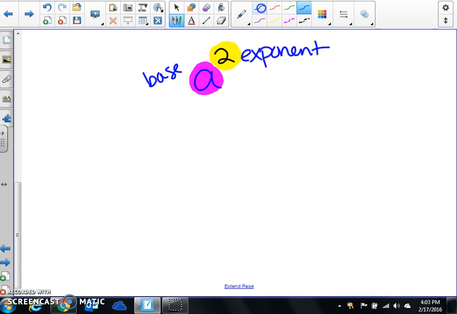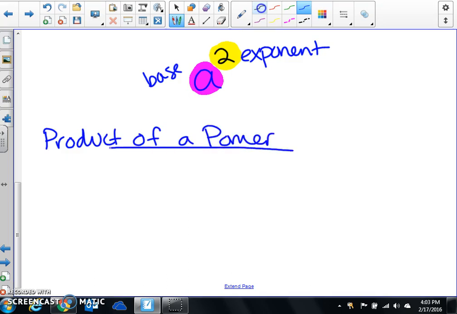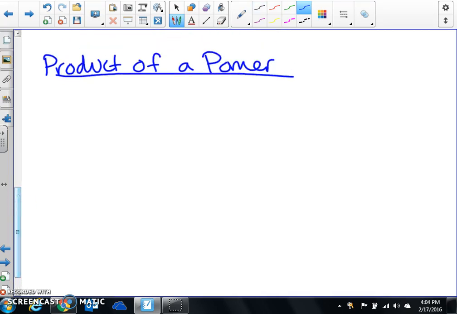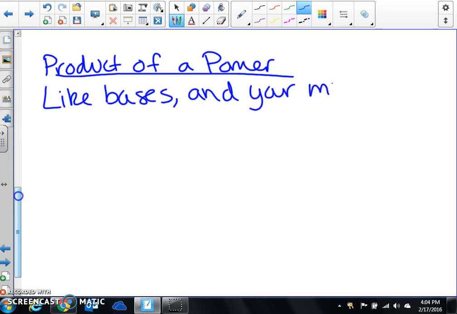All right, product of a power. So this is what a product of a power looks like. In general, if you have like bases and you're multiplying, you add up the exponents.